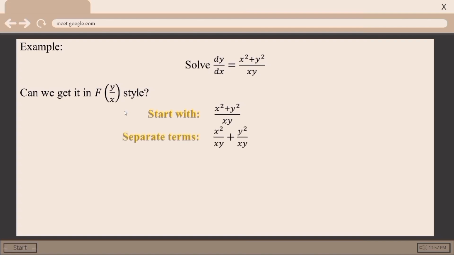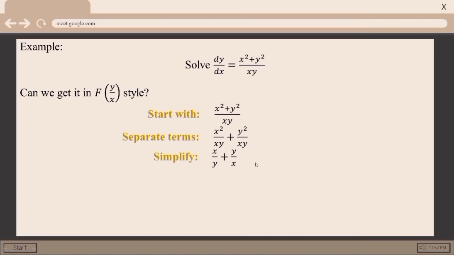The next step is we have to separate the terms. So how can we separate this? x squared over xy plus y squared over xy. So, separating the numerator and simply copying the denominator. The third step: we have to simplify.